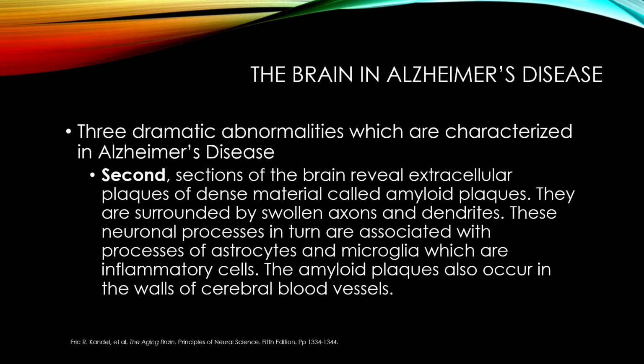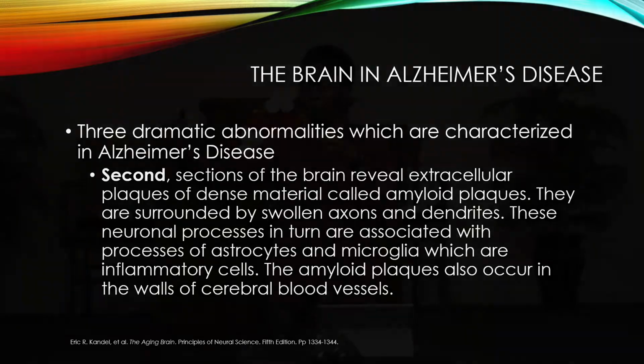So if you have inflammation going on, you have the axons, which is the extension, and we'll be looking at that, extension of the neuron itself. It has extensions where it's able to communicate with another neuron. Those axons is what they're called. They're swollen.